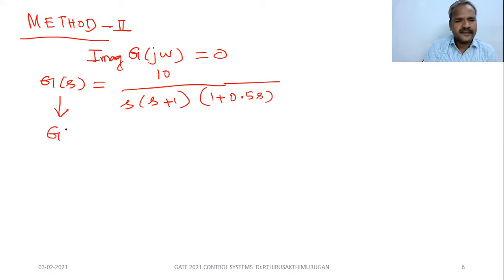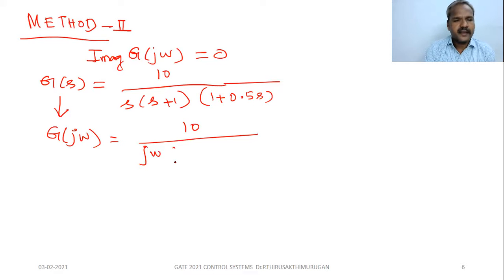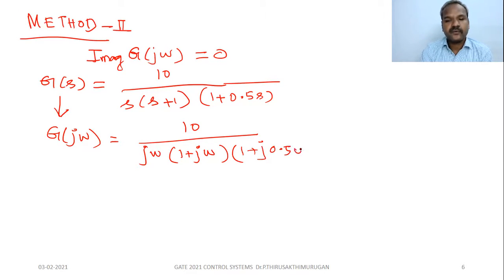How? By replacing S by j omega. So G of j omega equals 10 divided by j omega, 1 plus j omega, 1 plus j 0.5 omega. Understand?